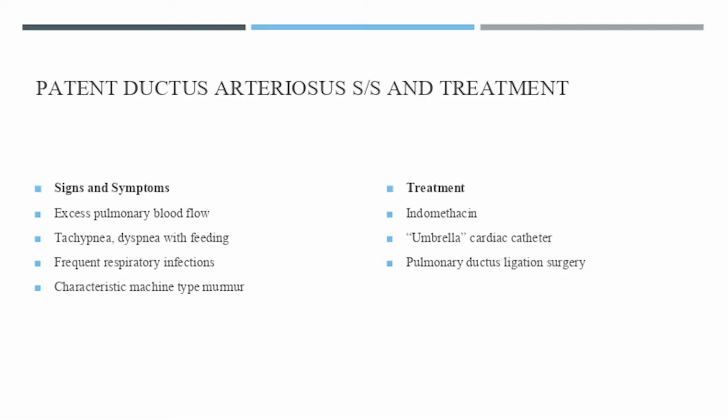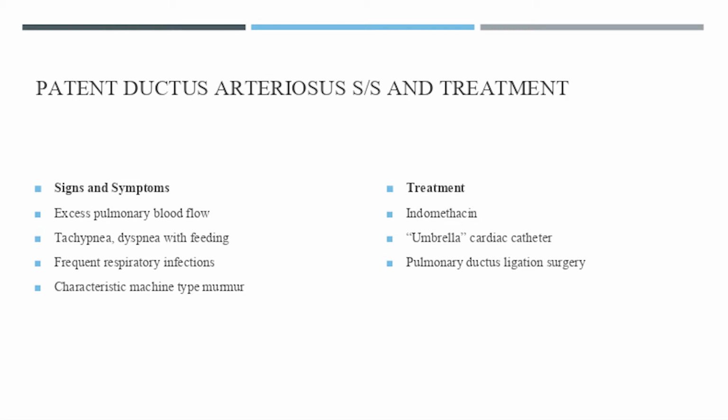And so we have certain characteristics in this baby. For example, the child will have excessive pulmonary blood flow, meaning excessive blood flow going to the lungs. That's one of the problems. The child will breathe differently. Usually they're going to be breathing faster, having more difficulty breathing, especially when they try to feed, because that whole suck and swallow mechanism takes energy.